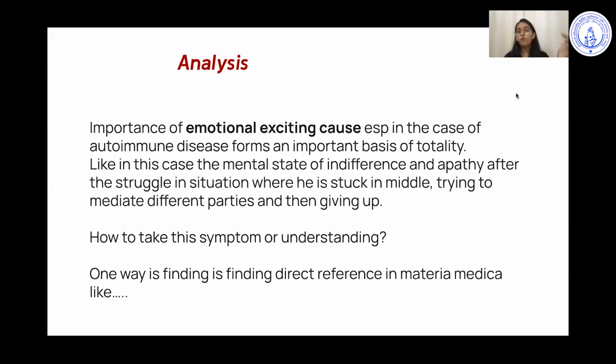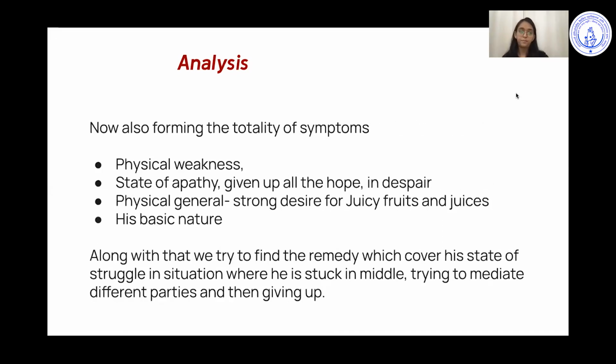So two ways we can go forward is to find the references from the materia medica, and second, to have the repertory help us. Now in analysis, once we see the mental sphere, where he was in this exciting cause happening behind him, which caused him all these situations, and on the physical level we form the totality that there is physical weakness and that he has great desire for juicy fruits and juices, and then also his basic nature, that he's very mild, very compassionate, very friendly.